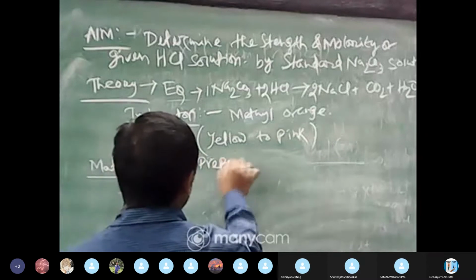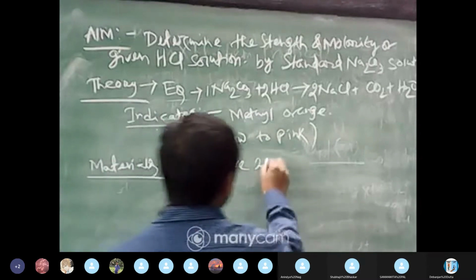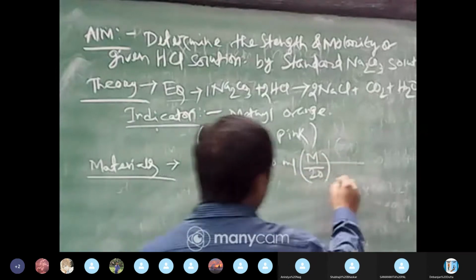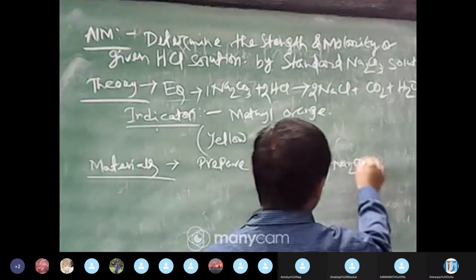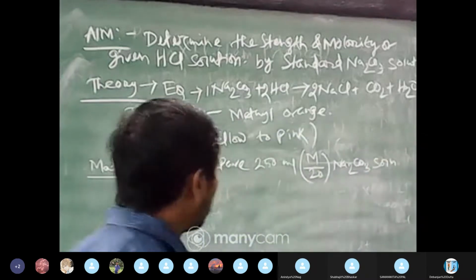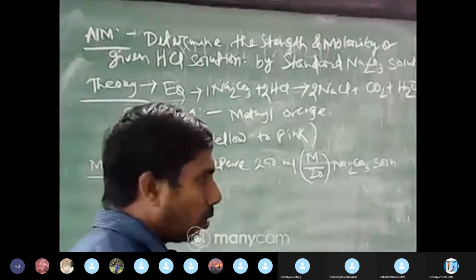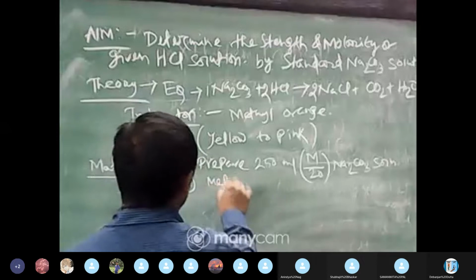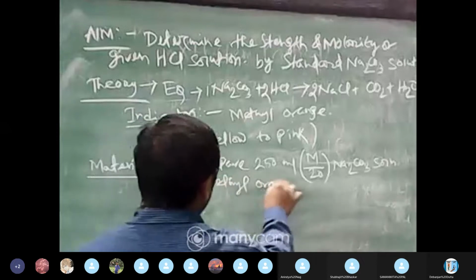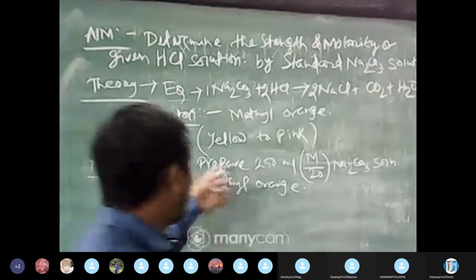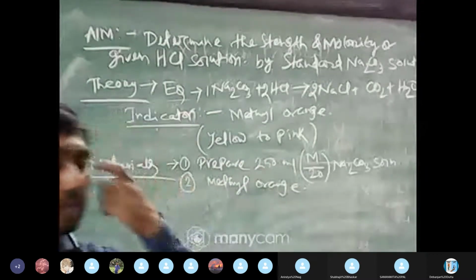Prepare 250 ml M/20 sodium carbonate solution. And with that we will use the indicator, methyl orange. Now our next work is the preparation of 250 ml M/20 sodium carbonate.